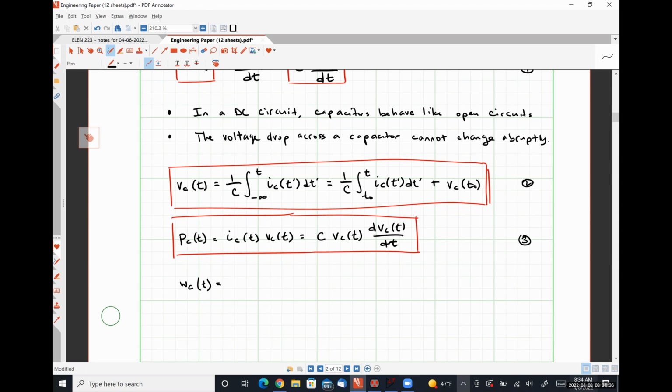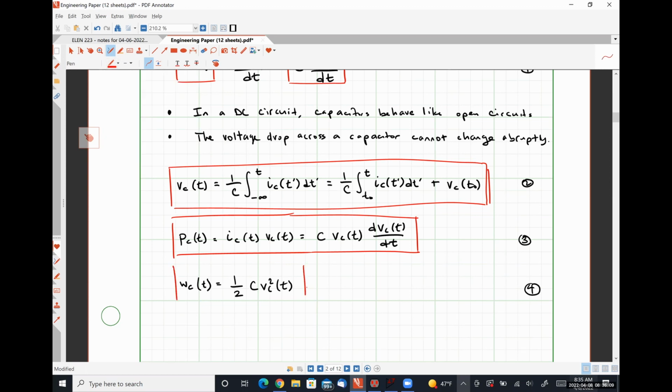So what was the energy stored in an inductor? Go back to your notes from Wednesday. 1/2 Li squared. So Dylan, recognizing that, what do you think the energy stored by a capacitor should be? Exactly right. 1/2 C V squared. Using literally the exact same derivation that we saw on Wednesday, we could get this result as well.